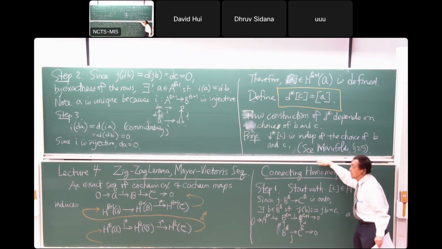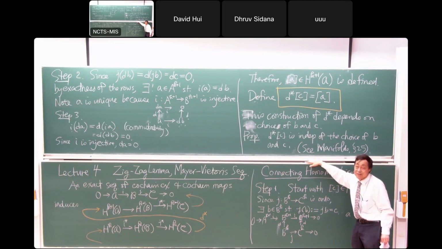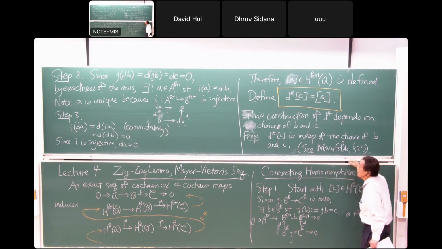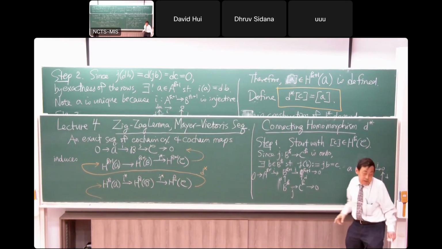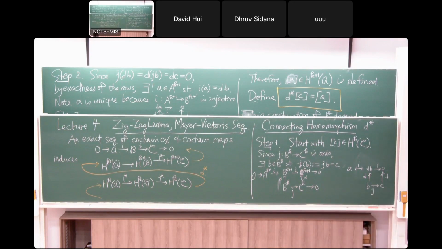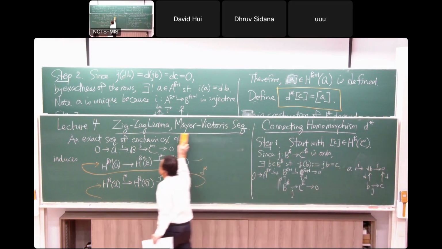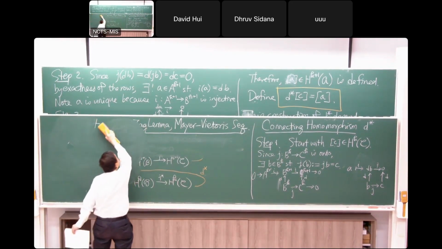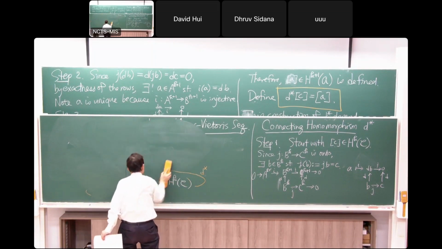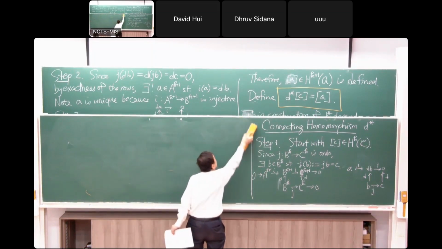Okay, so now we have a long sequence in cohomology, and it turns out that it is exact. Now the thing that you really should remember about this construction is this picture. But you don't need all the terms there. So let me just write down the essentials.